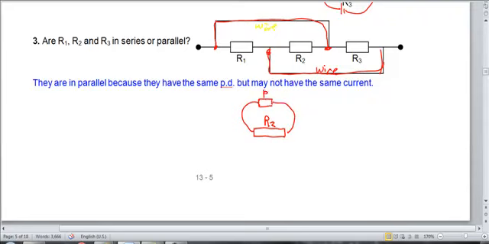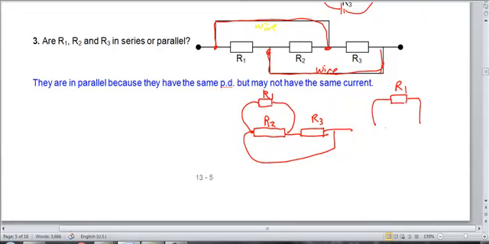This is my R1, and R3, originally here, can be turned around in a similar way because this potential is the same as this potential. So I can bend R3 around, and therefore R1, R2, R3 are in fact parallel to each other.